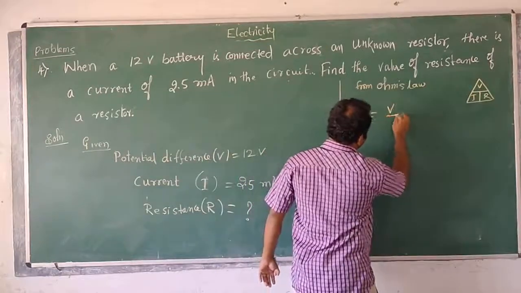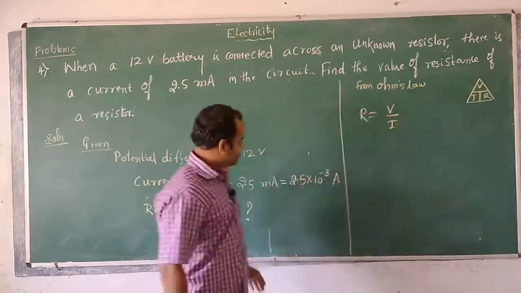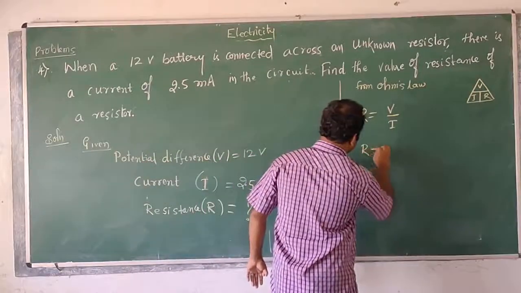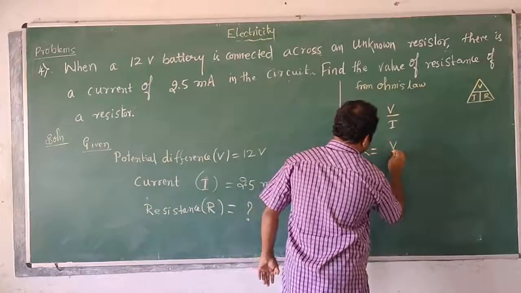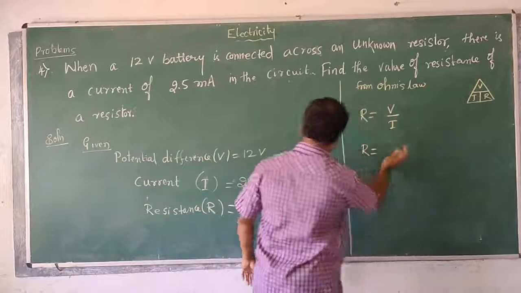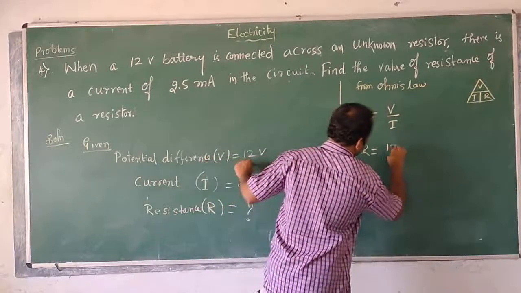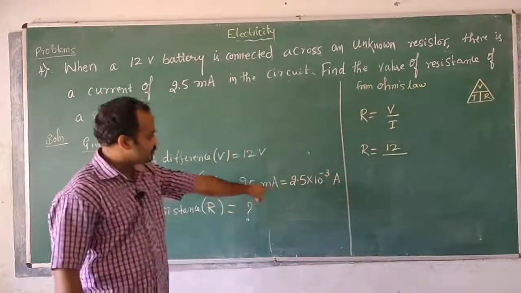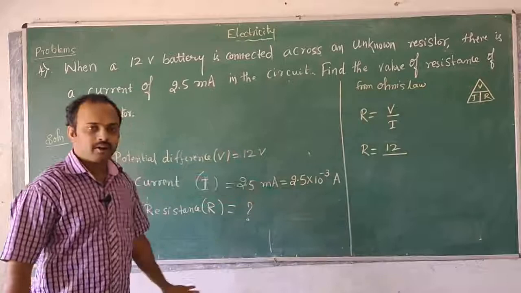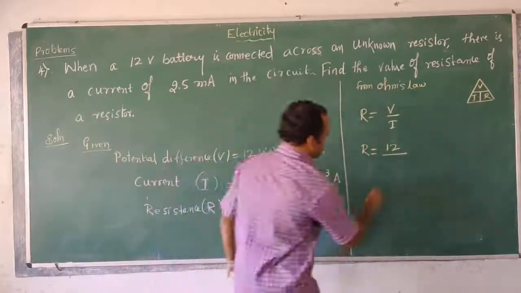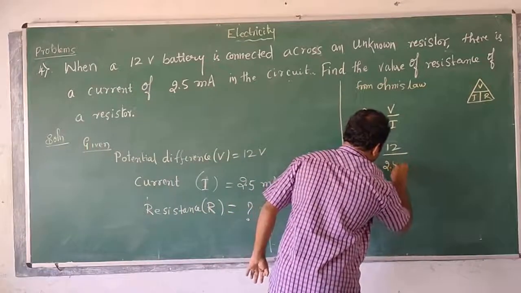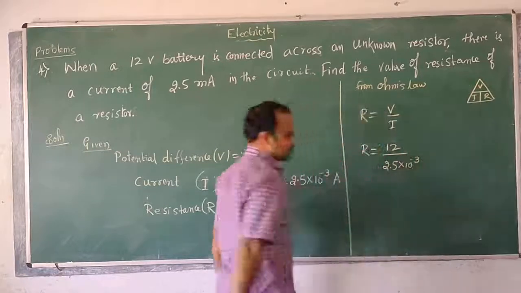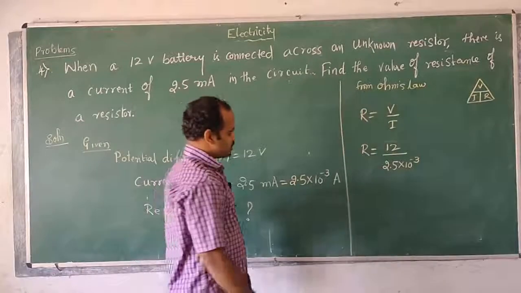Just put the values. R equal to V, the V value given is 12 volt, divided by I, which is 2.5 into 10 power minus 3.